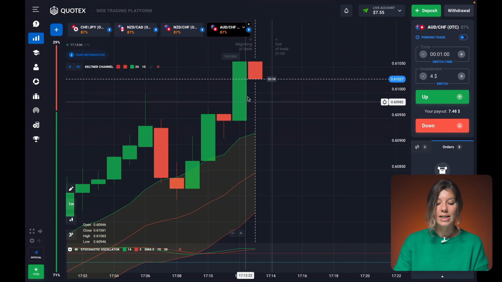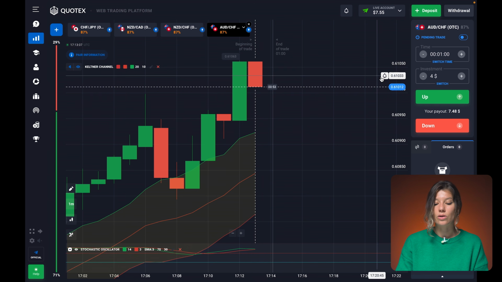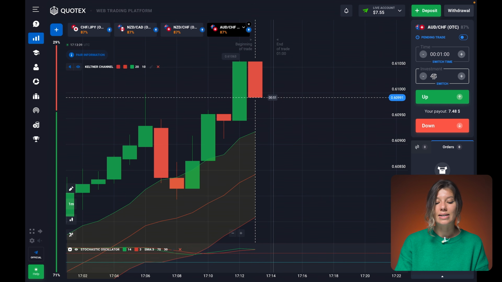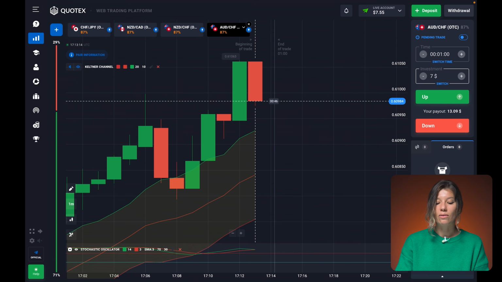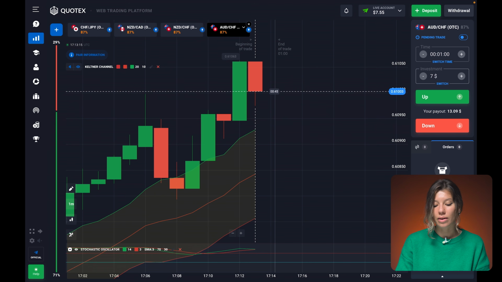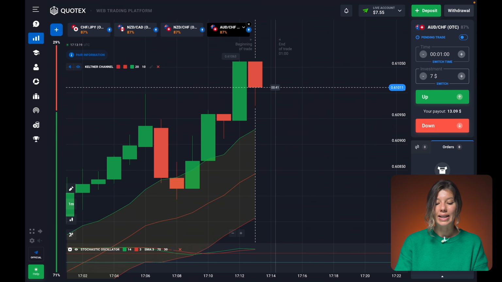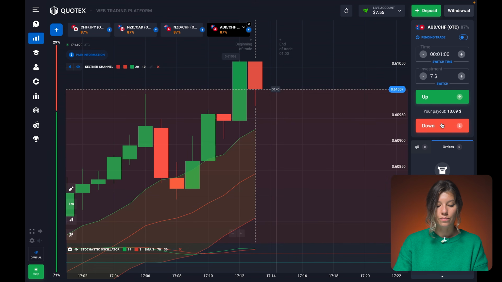So in this case, I'm sure that something is going on here, and something different will be going on here. I will move on with almost all in with $7 in my investment box, and let's try the put option right now.